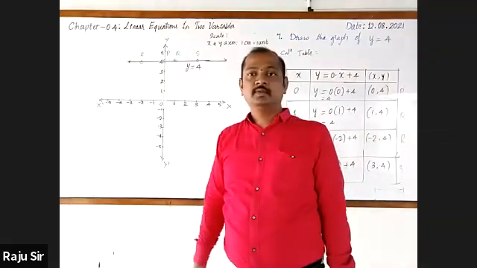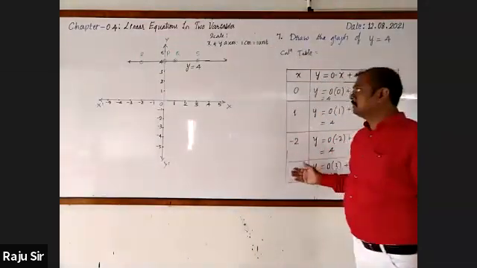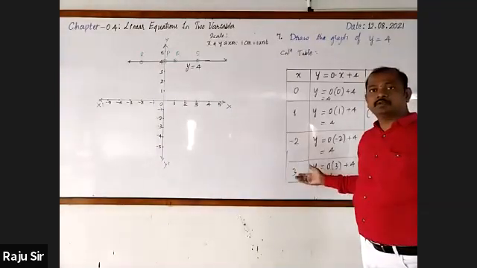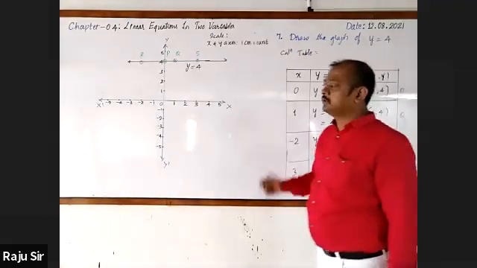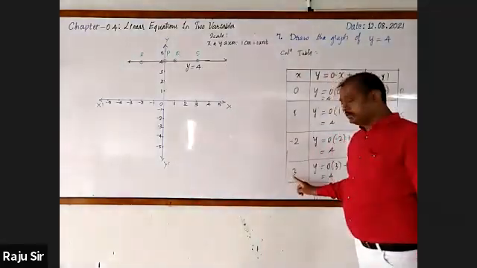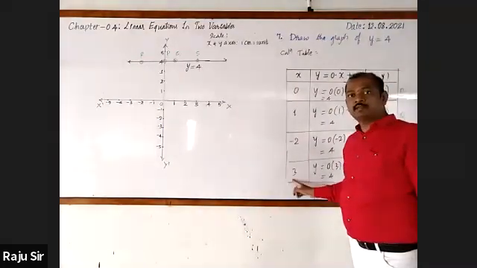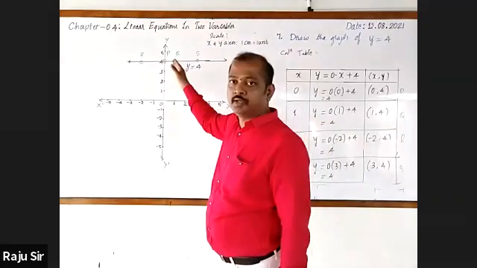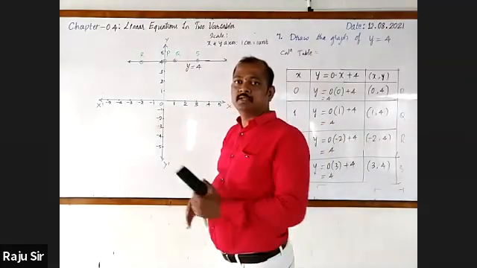You may take 3, or somebody may take 5 also. If they ask, they will give it. If x equal to 7, then draw the perpendicular from the point to the x-axis.